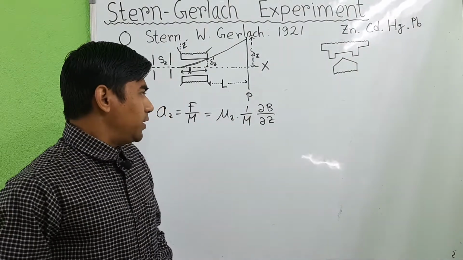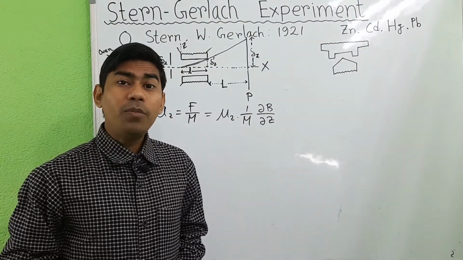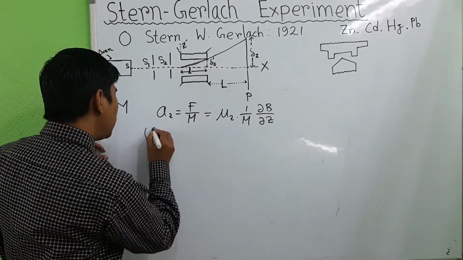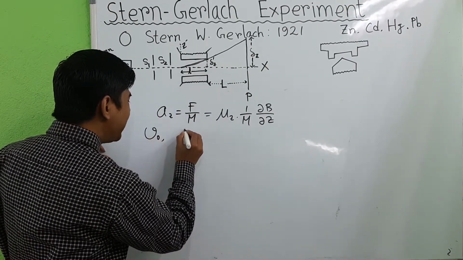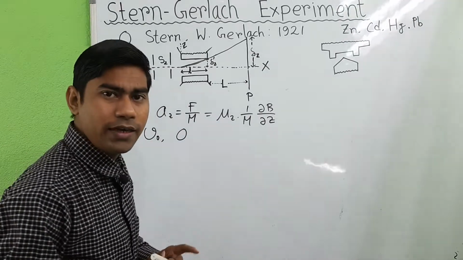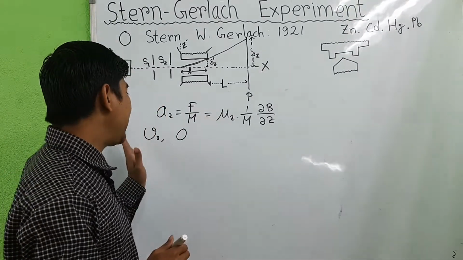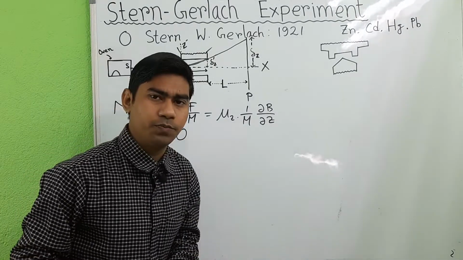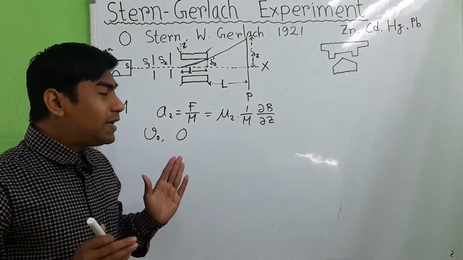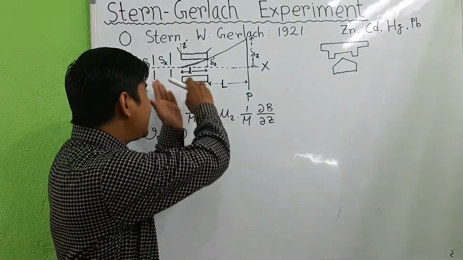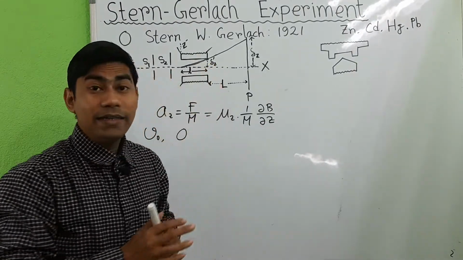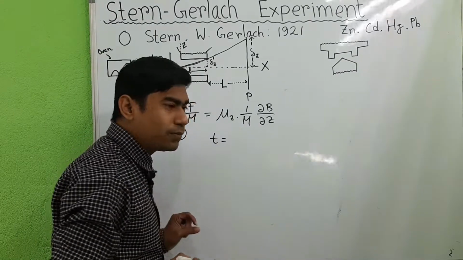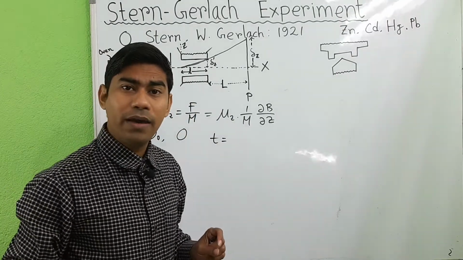Now, the velocity component of the atom in the x direction is v0 and in the y direction is 0. So each atom passes through the magnetic field in the time interval t, and we know that time equals distance by velocity.